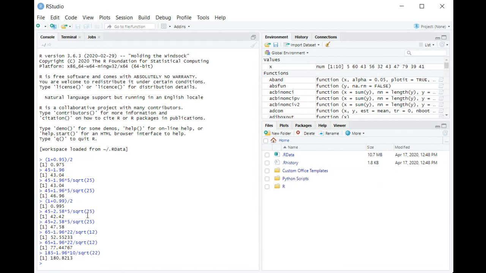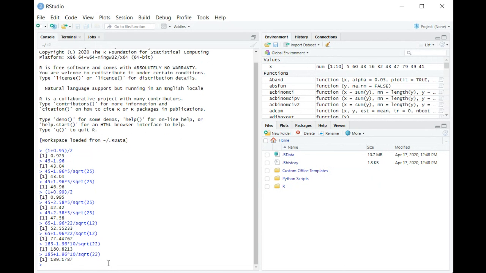Okay, so enter. The first one is 180.82, and then again up arrow, and I'm just going to switch this one to add. So then it's going to be 189.17.